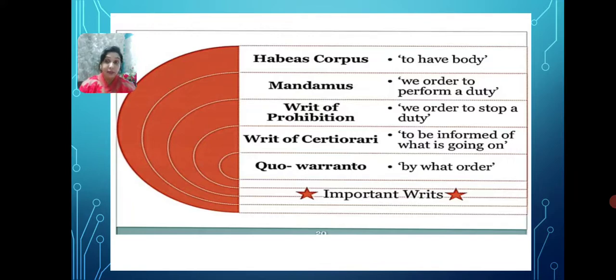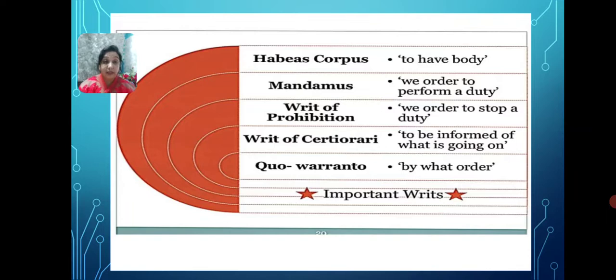Suppose a government officer is not doing his job properly, is not reaching the office on time, lots of files are pending on his table, and a lot of people are making complaints. He is behaving very rudely with people, and he is using the government's money, the government's time and people's time.